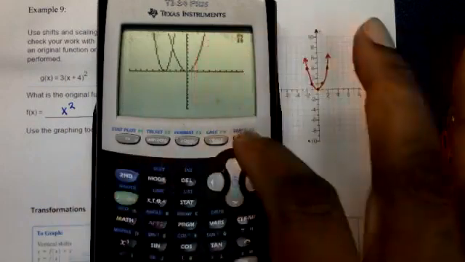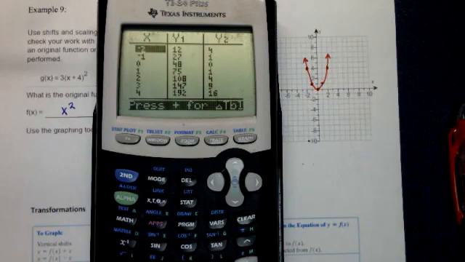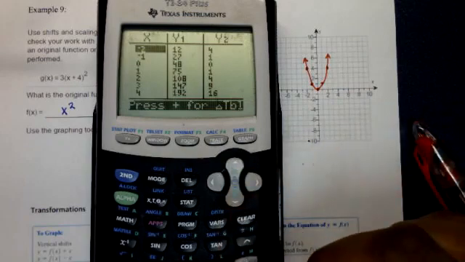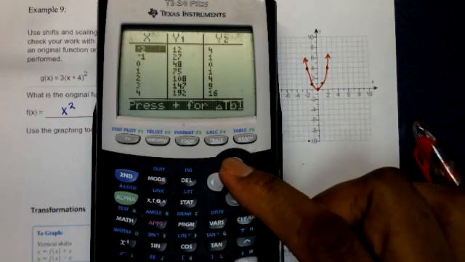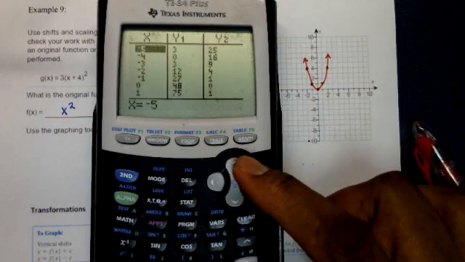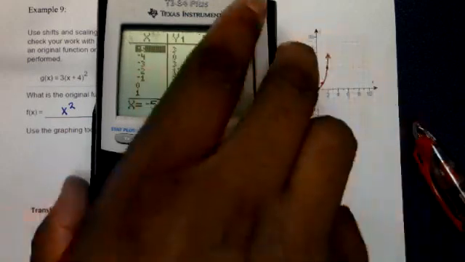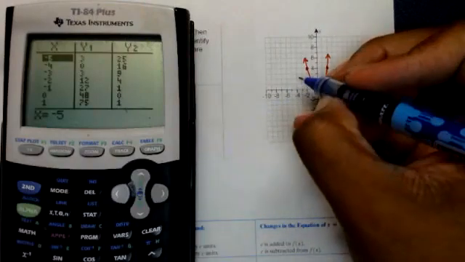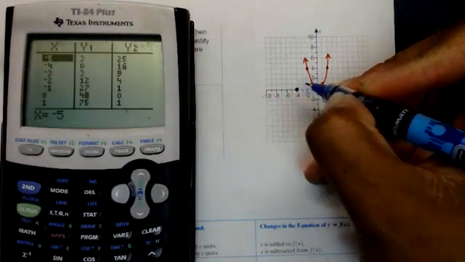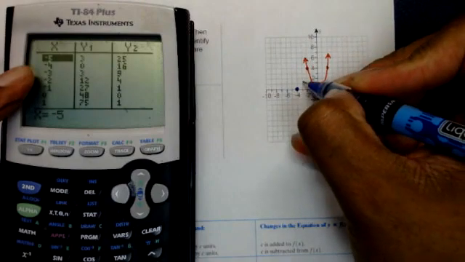Now for the table, do second graph. In this case, let me use my up arrow key for something like negative 5, negative 4, and negative 3. That will help because that negative 4 is going to be 0. Here's negative 4, that's 0. At negative 3, that's 3.